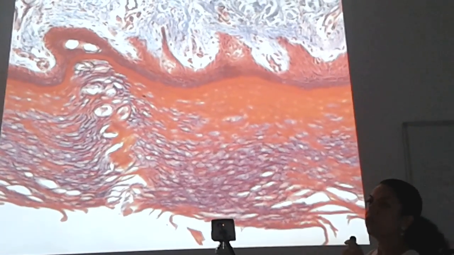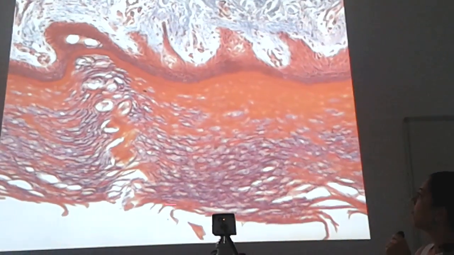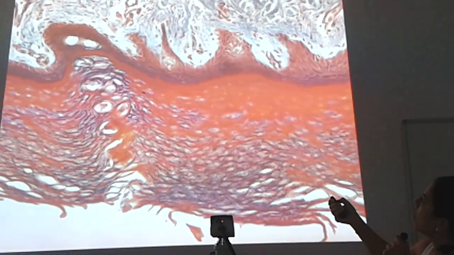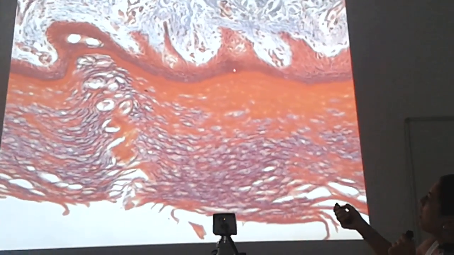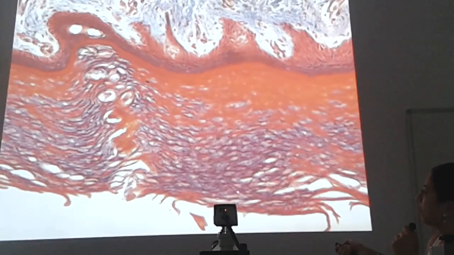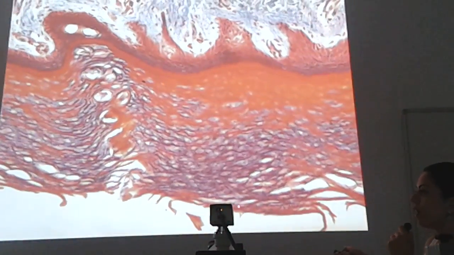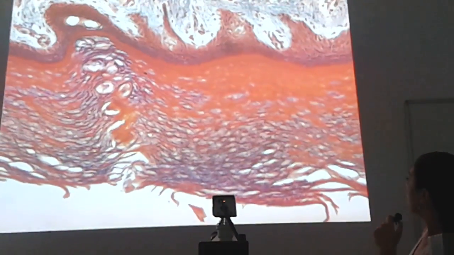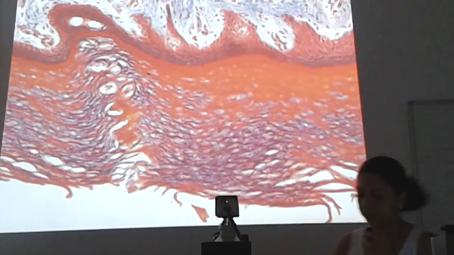So this type of epithelium is classified as stratified because there are multiple layers of cells, and keratinized because you can see the cells lost their nuclei and are filled with keratin.